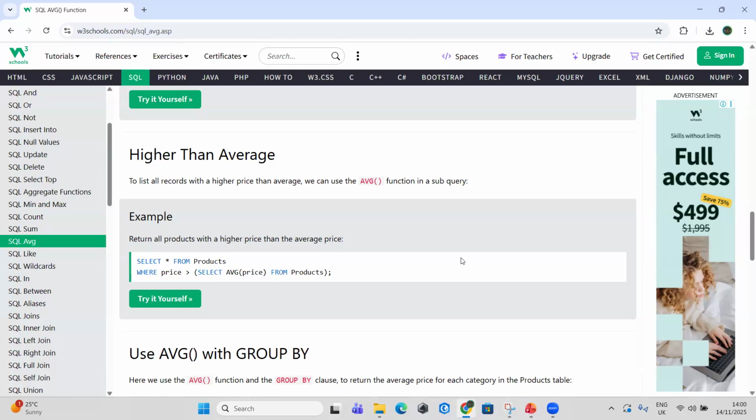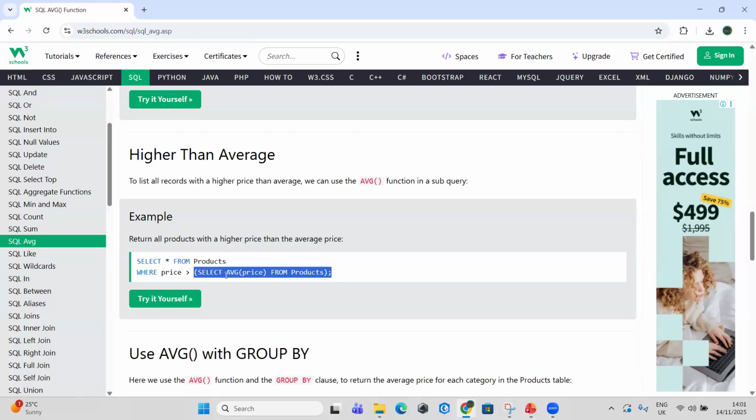This is select something, right? This is one select, and inside that we have used another select. So this is kind of a nested query. What we are saying is select everything from products where the price is greater than the output of this.